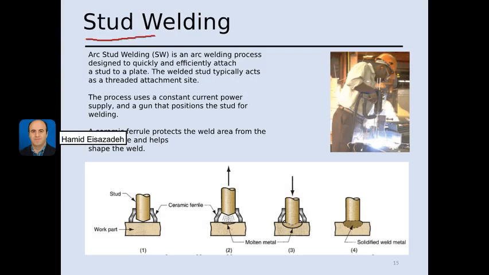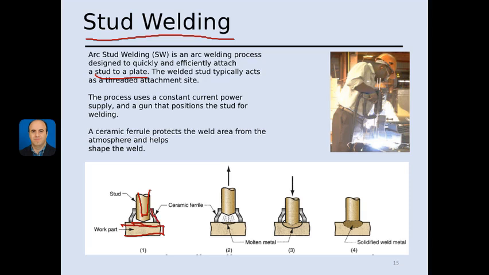Next process is stud welding. Stud welding is one of the arc welding processes, and it can attach a stud to a plate. This process uses a high electric current to generate heat between the stud and the work part. First, the stud is going to be located on the work part perpendicularly, right?